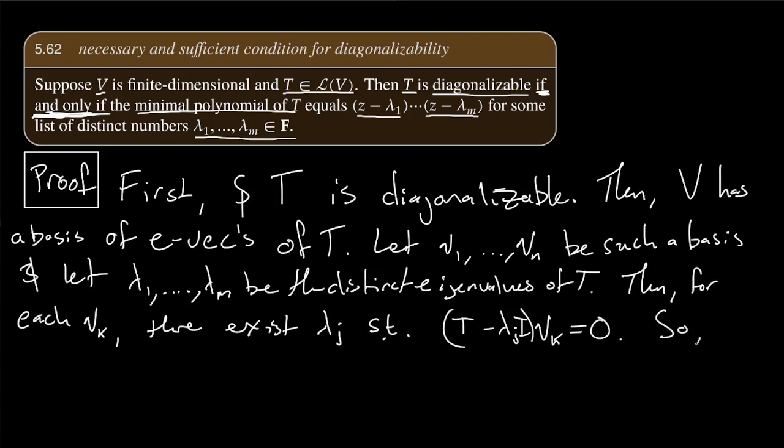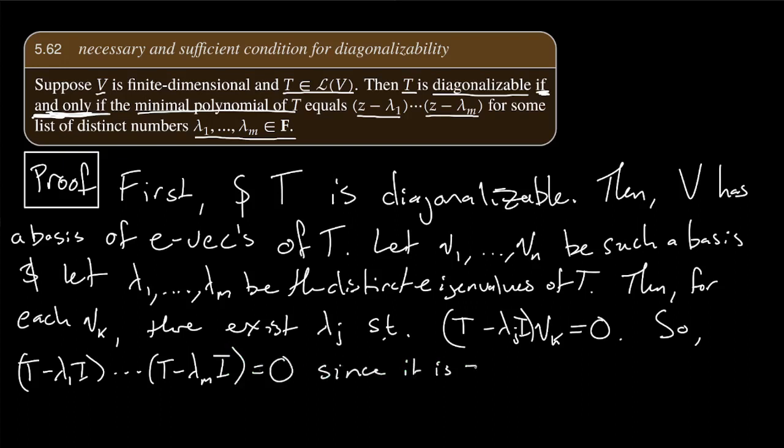Okay, so think about this. (T minus lambda 1 I) product all the way down through (T minus lambda m I) is equal to the 0 operator, since it is 0 on a basis.